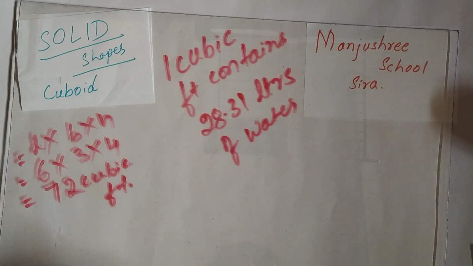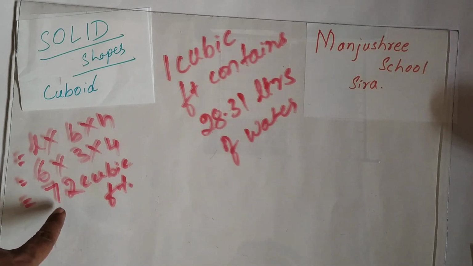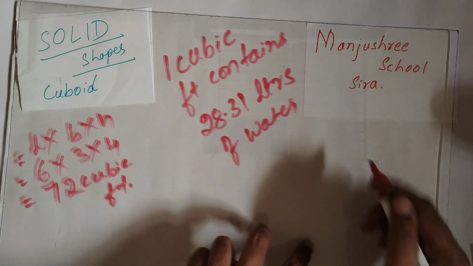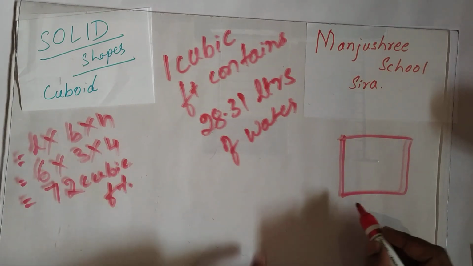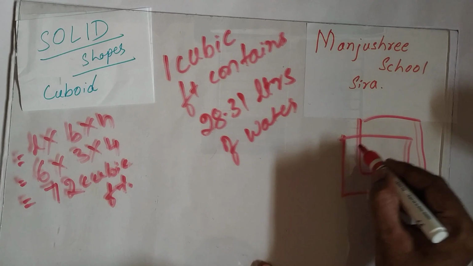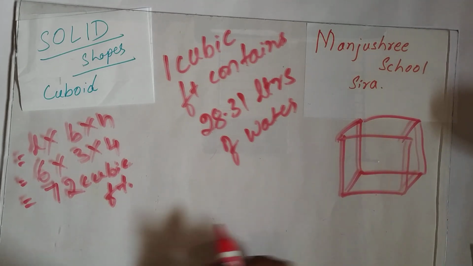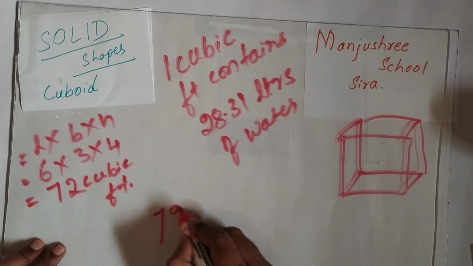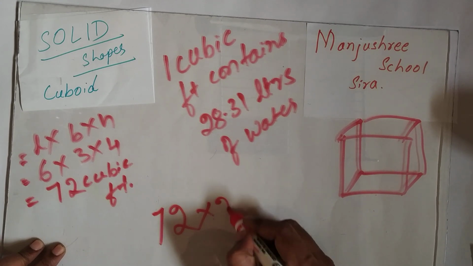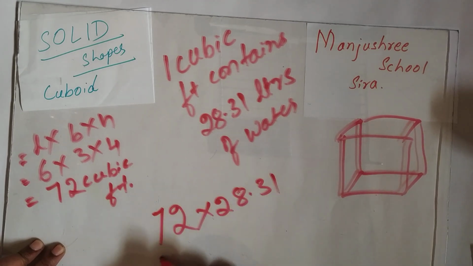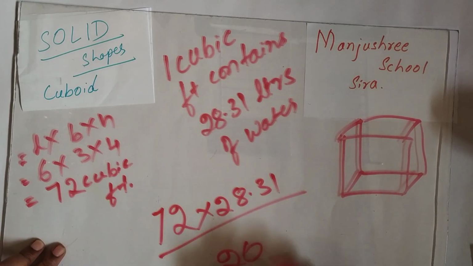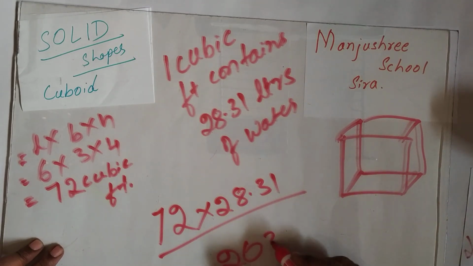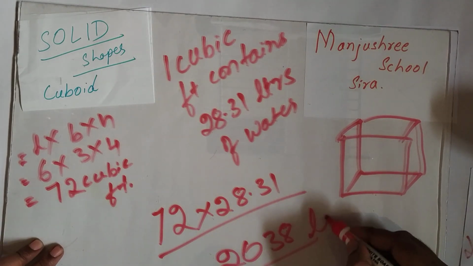1 cubic foot contains 28.31 liters of water. Then how much water is in the tank? To calculate that, you just have to multiply 72 into 28.31. Approximately you will get 2038 liters.